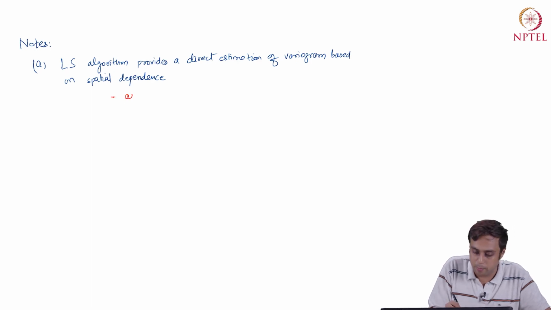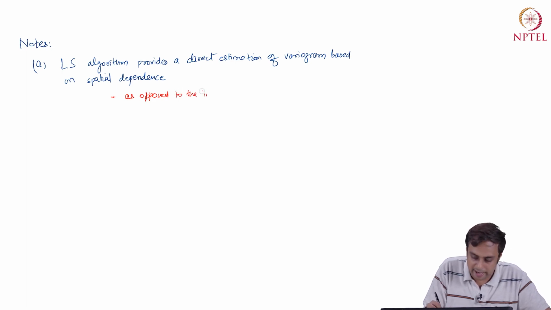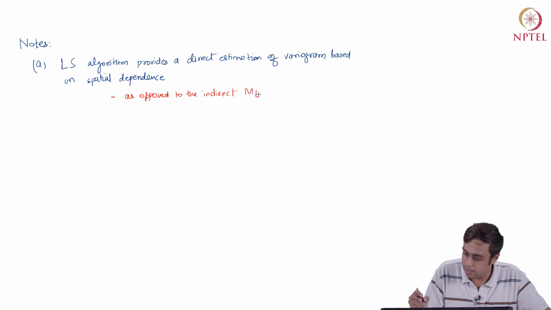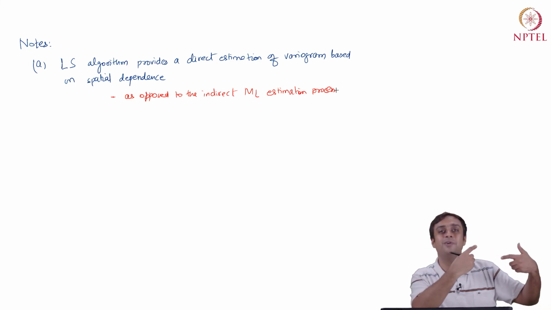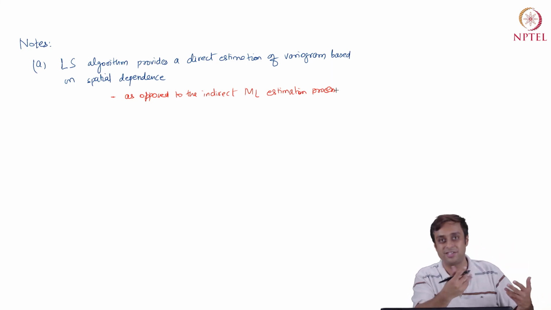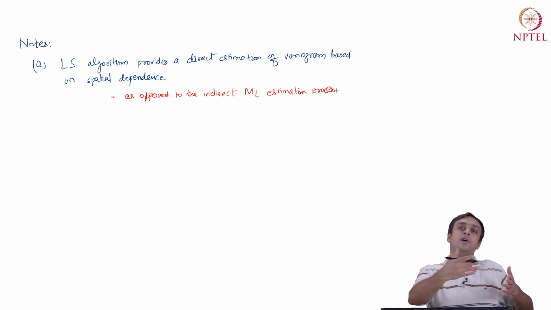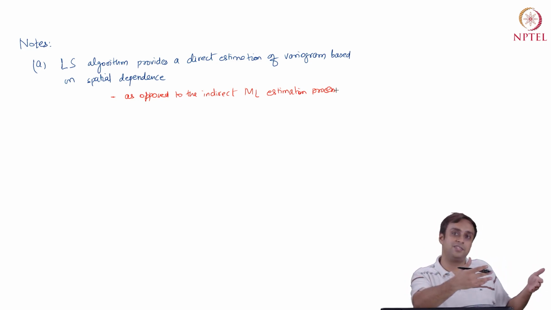Now, this is different, as opposed to the indirect ML estimation procedure. Why was ML indirect? Because ML was first using the variance covariance structure. So, it goes indirectly towards the variogram estimation, right.